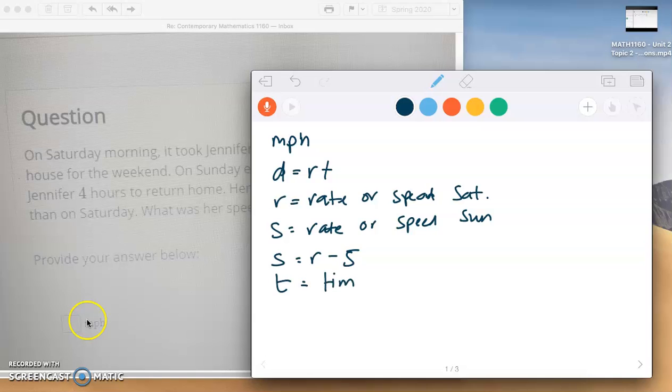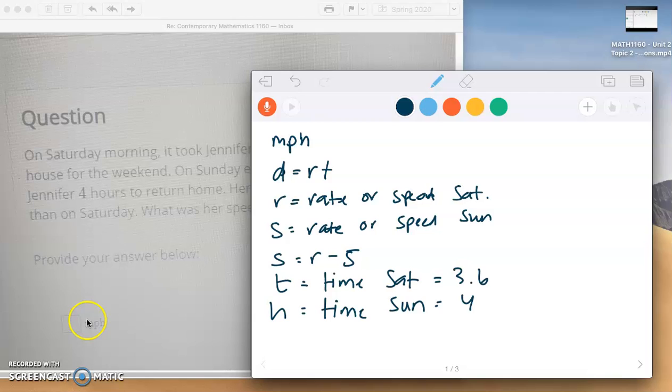We're going to write time Saturday, T, and then we'll say H equals the time on Sunday, right? Which we were given: this is 3.6 and this is 4. Okay, does that make sense? I'm just giving these so that it's really clear.